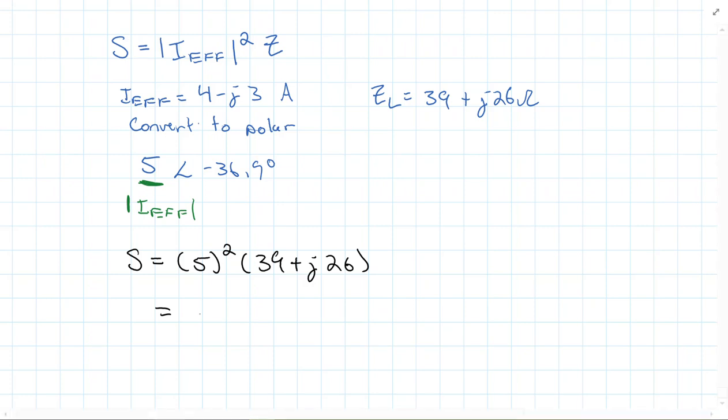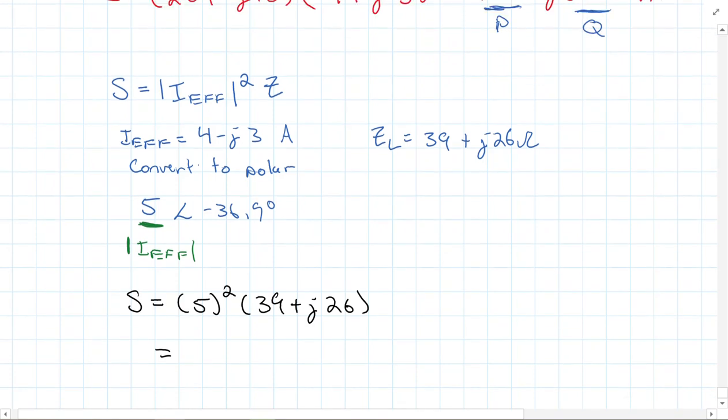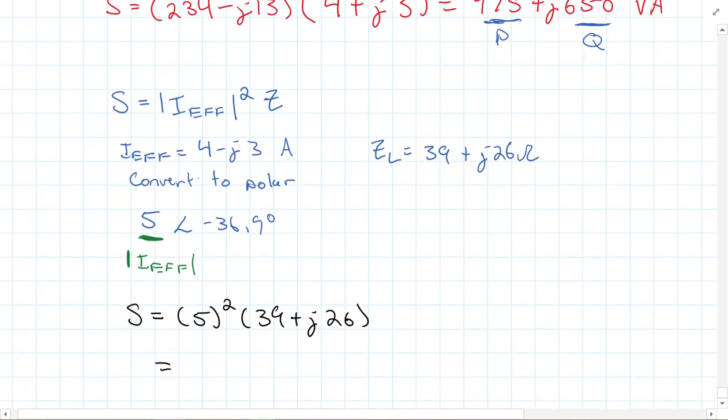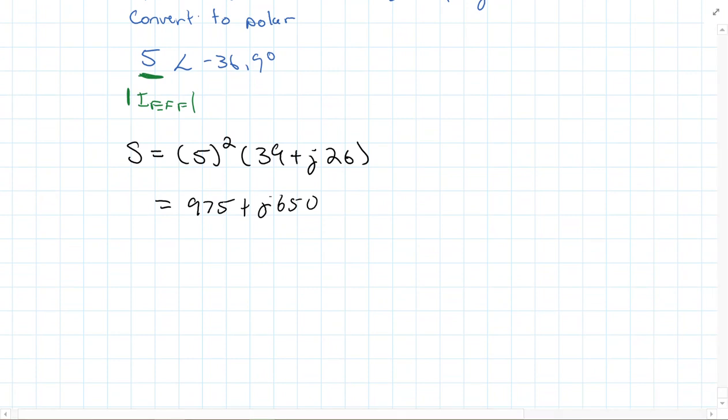And of course, I just did it on my calculator, and we shouldn't be surprised that we do get the same answer, which is 975 plus J650. And so we clearly have very easily P, and again this would be volt amps. P is 975 watts. Q is 650 var.